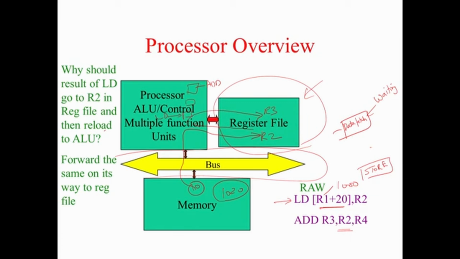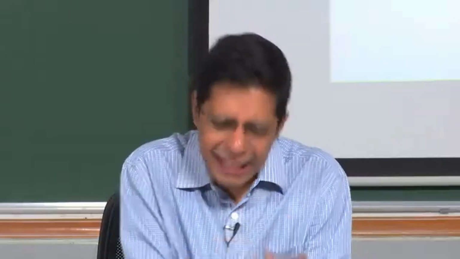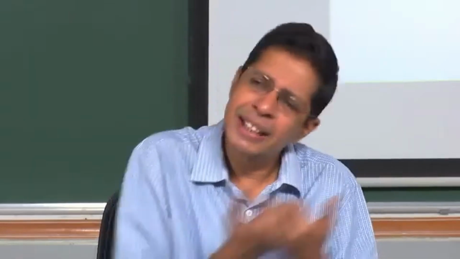When 10 is moving from the memory to the register file through the ALU, I can just take a copy of this and give it to the adder, can't I? Right? And this particular concept is called operand forwarding. So when I am taking the value for R2 and going to store it in the register file, of course it has to go to the register file. In that path, since it is going through the ALU, I can also take a copy of that value and give it to the adder.